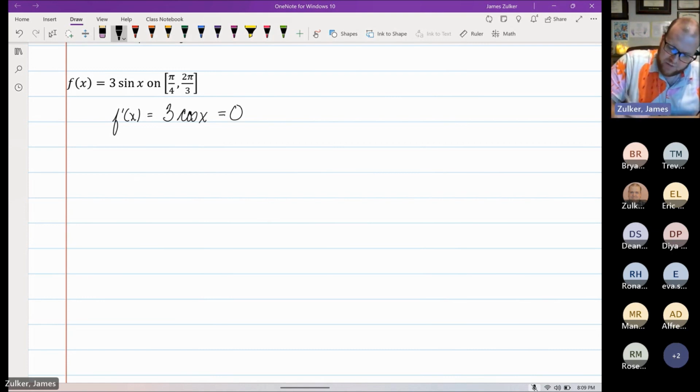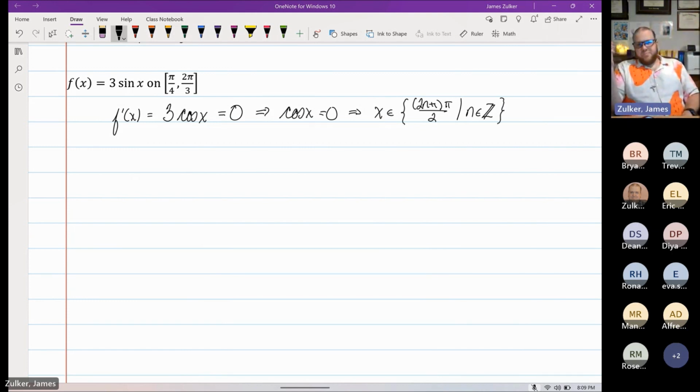It's defined everywhere, so set it equal to 0, solve. Cosine is 0 at every odd multiple of pi over 2. And so pi over 2, 3 pi over 2, so on and so forth.